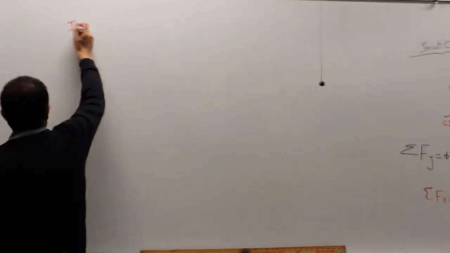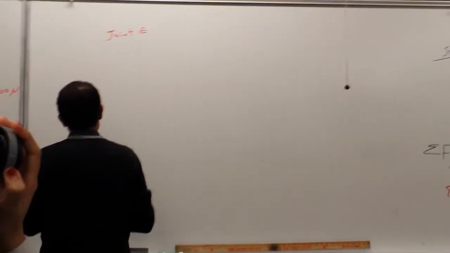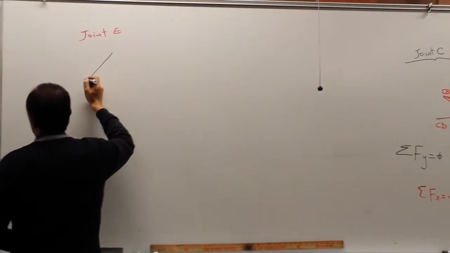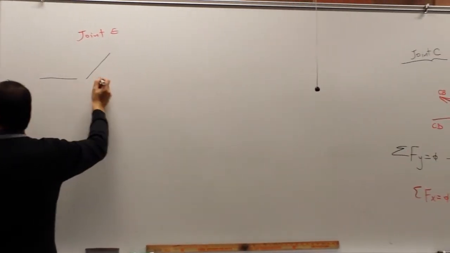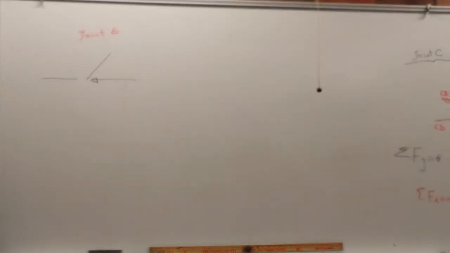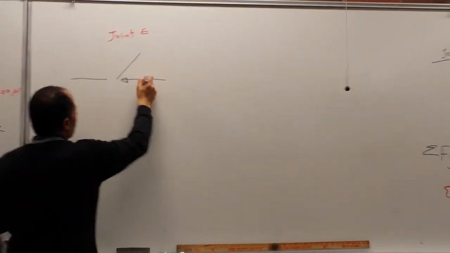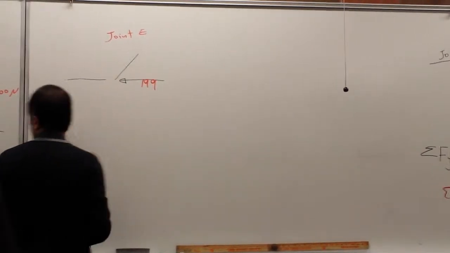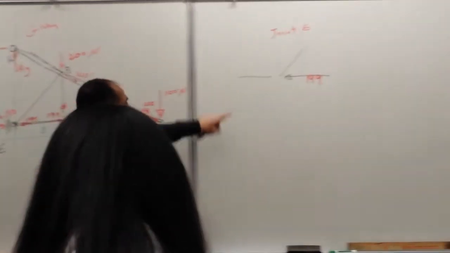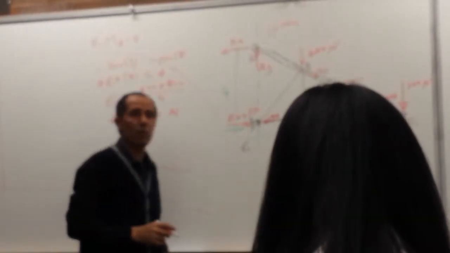Joint E. At joint E, we have one here, one here, one here. We know that this is 199. I don't know this one; I didn't calculate the sum of the moment.